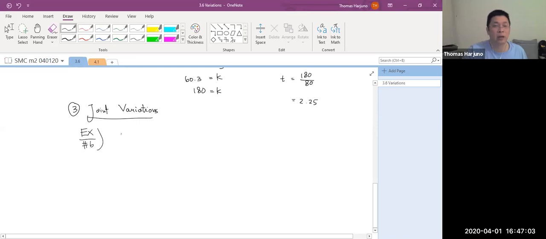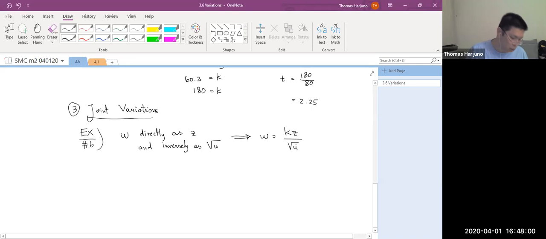It says that W varies directly to Z and inversely as the square root of U. This means W is equal to K times Z, because it varies directly as Z, and inversely as the square root of U. That's what it means. Now, how to solve that further?